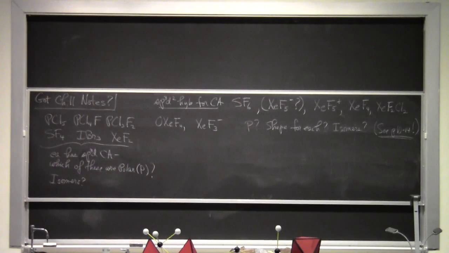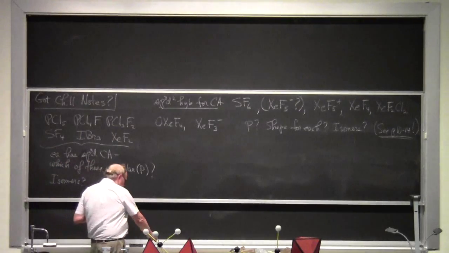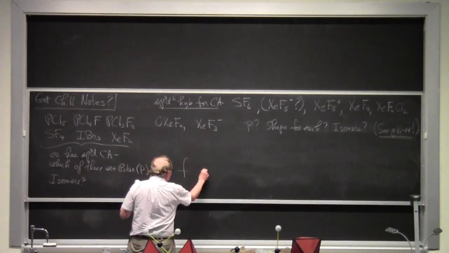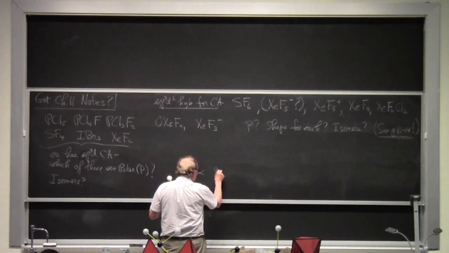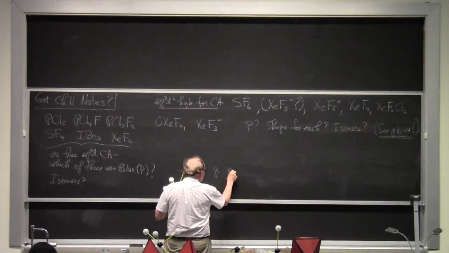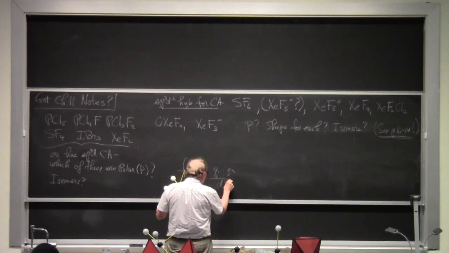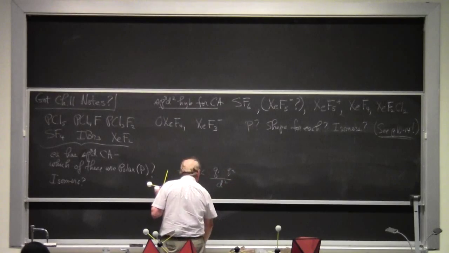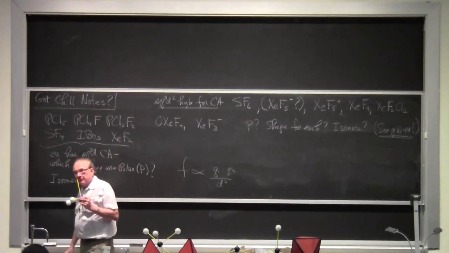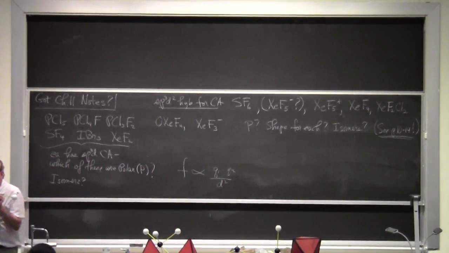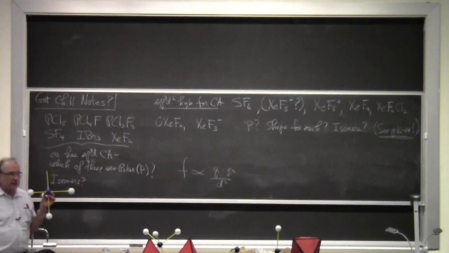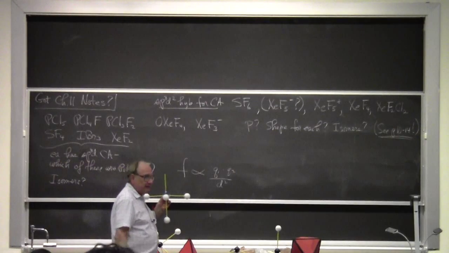Remember Coulomb's law? We write it as a proportionality. F, force of interaction, is proportional to Q1 times Q2 over d squared. D is the distance of separation between the charge sites. And in this case, the charge sites are electron pairs.